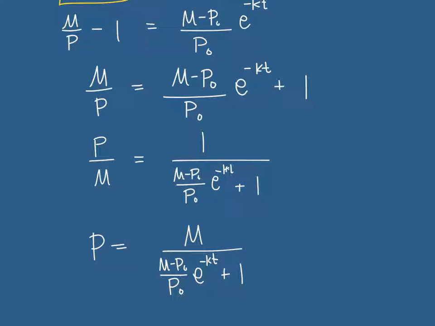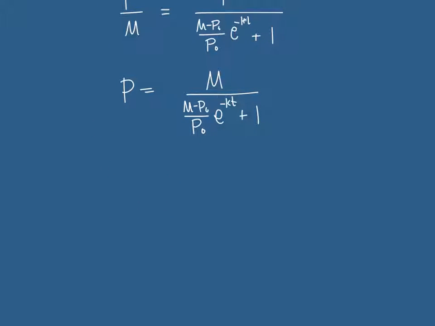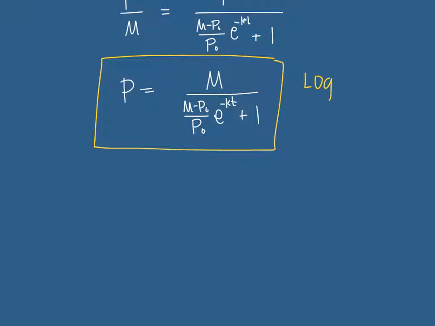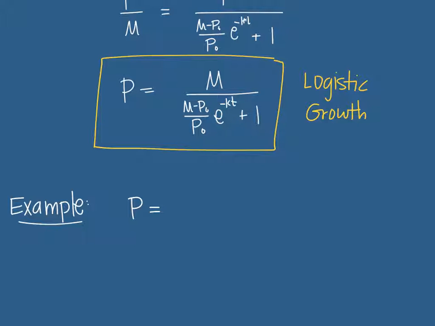So how does that help? Okay. Let me show you how you're going to need to recognize this. Let's do this. This is called logistic growth. p equals 100 over 9 e to the negative 0.01t plus 1.